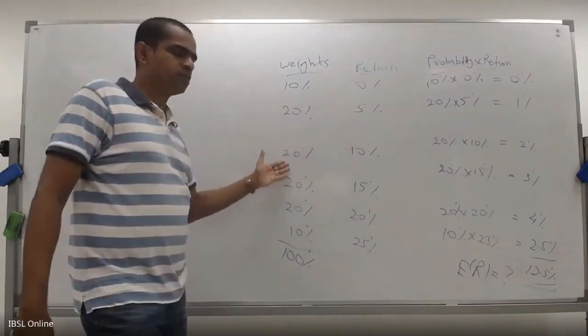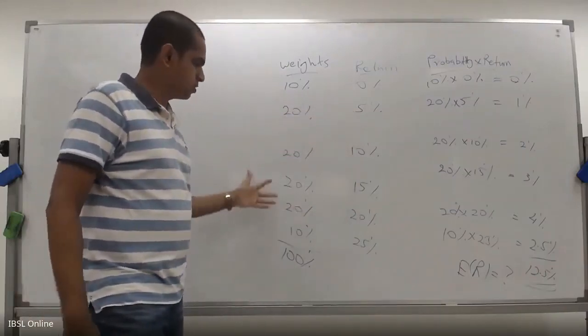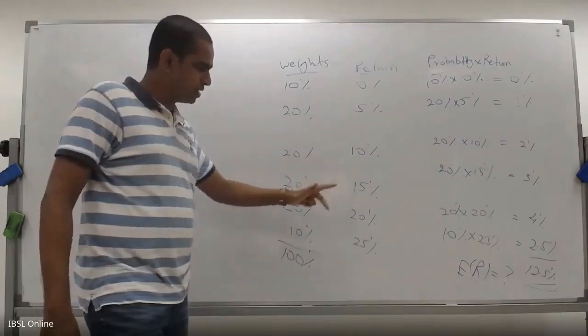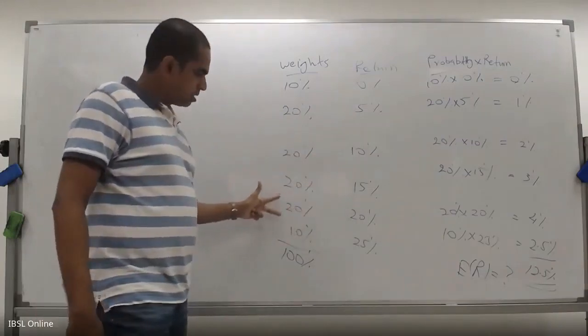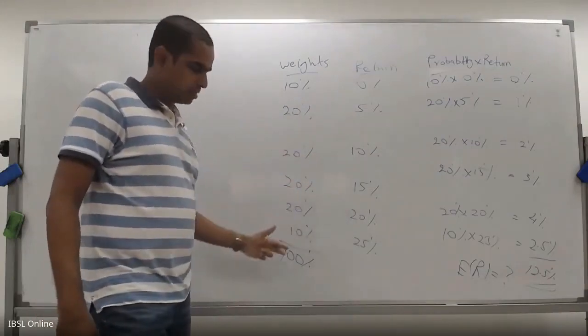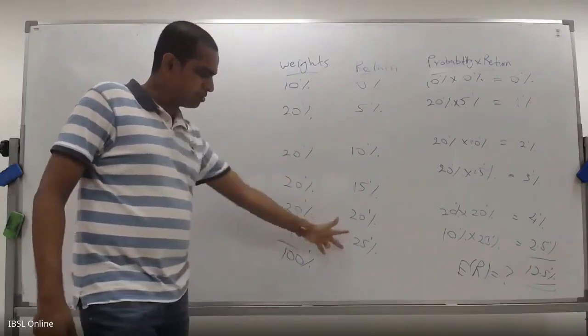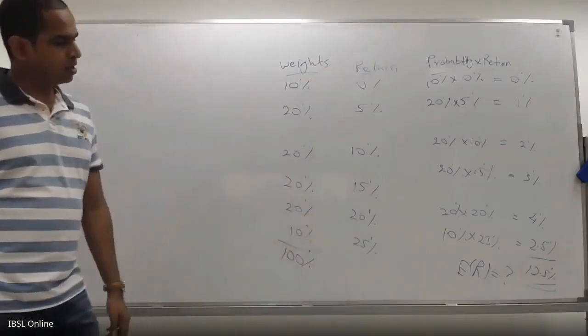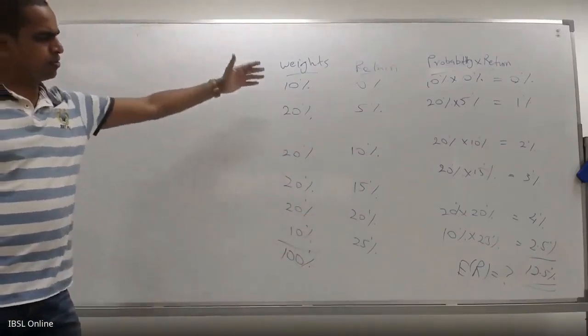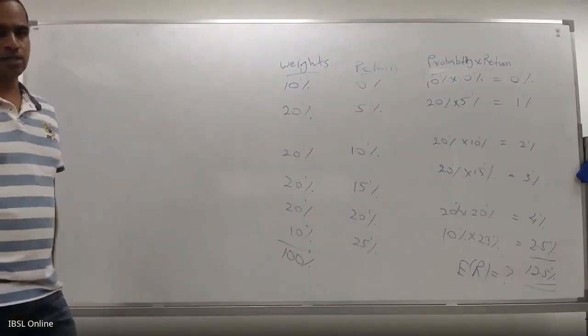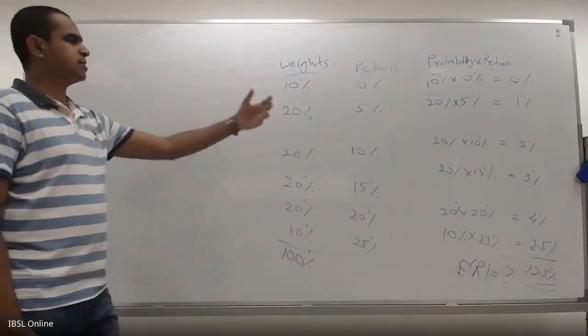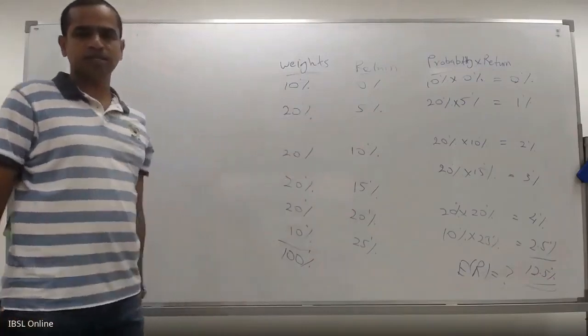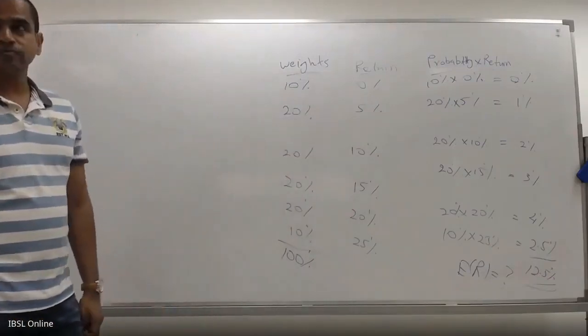Then another 20% of your assets give a 10% return. And 20% of your assets give a 15% return. A further 20% will give a 20% return. And you have 10% of assets which give 25% return. Right? So these are your weights. How you have invested in various assets which give various returns.